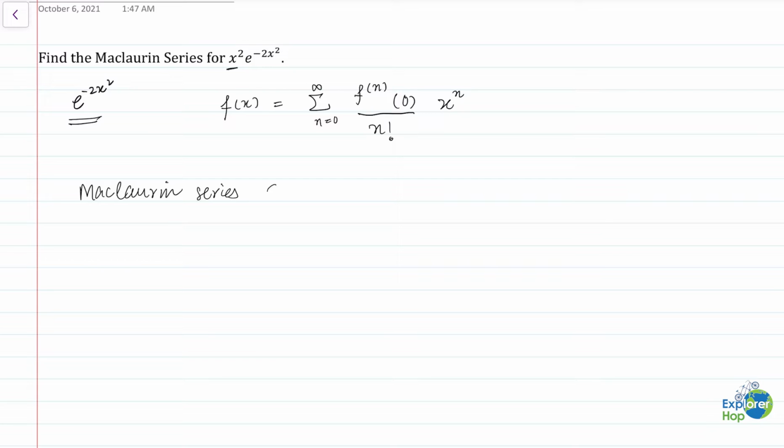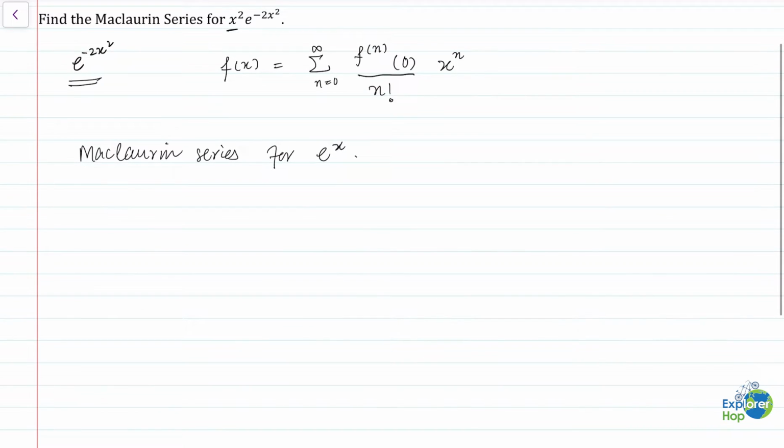Maclaurin series for e to the power x. There may be a chance that you have memorized the Maclaurin series for e to the power x, but even if you have not, we will derive it right now and it will be a really quick process. So let's suppose that f(x) equals e to the power x.